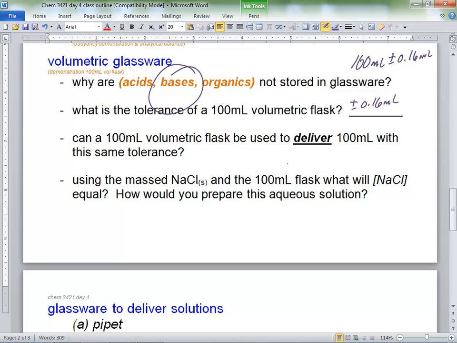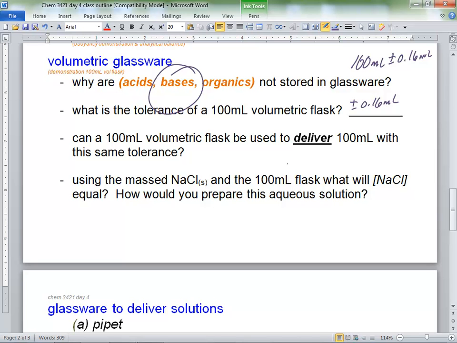Do I have a funnel? I don't have a funnel, so let me do it over the sink. I thought I had everything I needed. There's too much stuff to bring today. All right, while I do this, go ahead and calculate the concentration of the sodium chloride in here. You didn't write it in your notes?